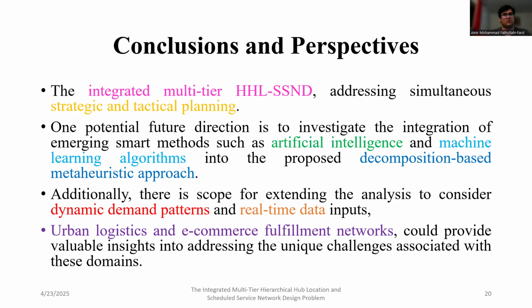To continue this research, there are many ideas where we can consider uncertainty, we can consider different interesting ideas about using artificial intelligence and machine learning for the solution method, and consider the sustainability criteria for this freight transportation system to move it toward sustainable transportation.